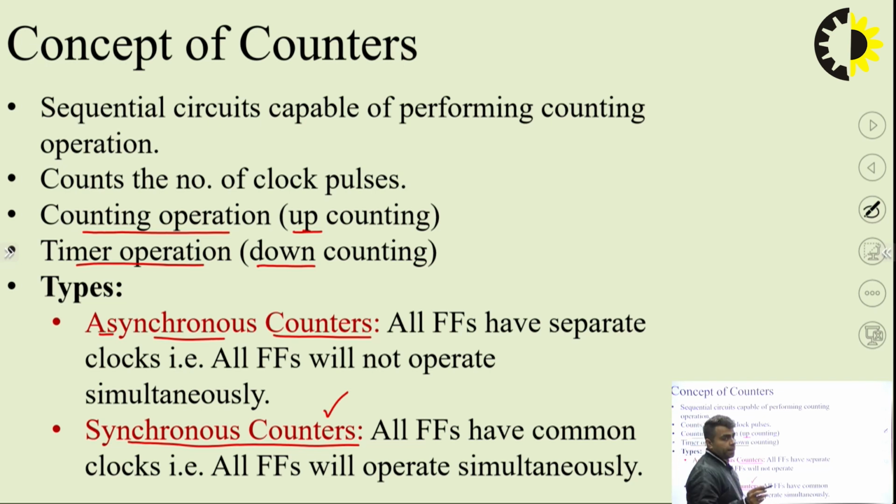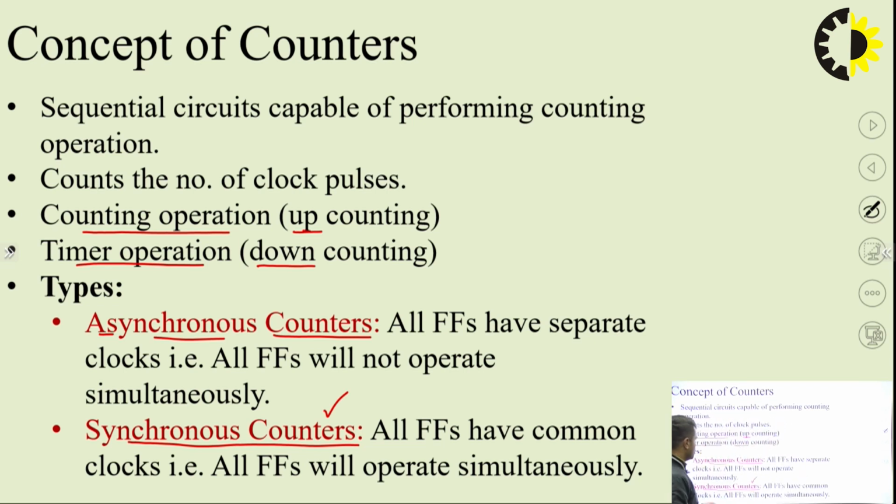And if all flip-flops have separate clocks, and the external clock is provided only to one of the flip-flops and the rest of the flip-flops are getting their clocks from somewhere else, maybe from some other flip-flops' outputs, then that counter is termed an asynchronous counter. So we can say that in a synchronous counter, either all flip-flops will work or none will work, because the clock is provided to all the flip-flops simultaneously.